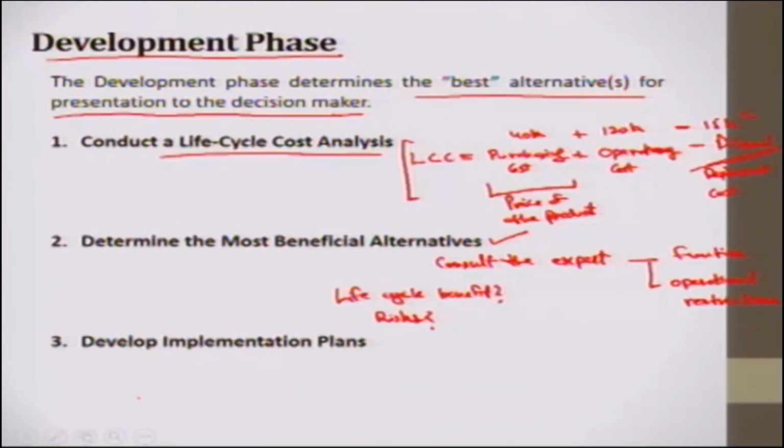Then we develop the implementation plans to implement it in the next phase. The implementation plan for each alternative should include a schedule of the requirement implementation steps, that is, when and where the specific step has to be conducted.